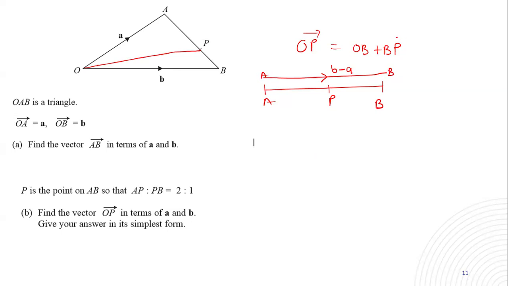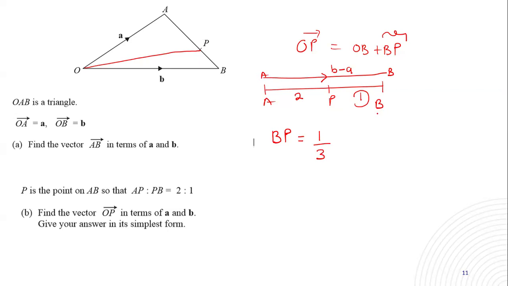Now, in case you are finding B to P, remember here you had the two parts, here you had the one part. B to P means that it is taking one part of the whole line, which has 3 parts.